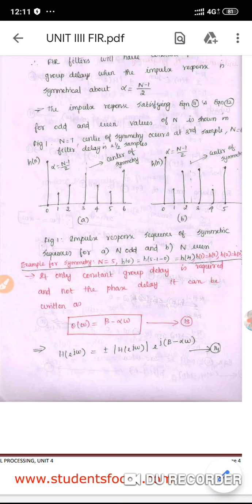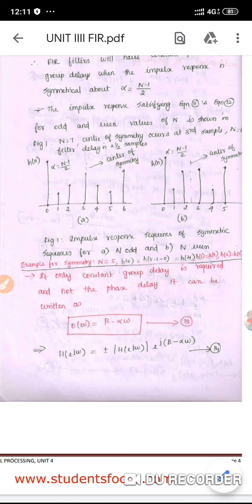So the center of symmetry you will get at 2.5, and the filter delay is 2.5 samples. So the impulse response is symmetrical about alpha is equal to N minus 1 by 2 when the phase delay and group delay are constant or independent of frequency.